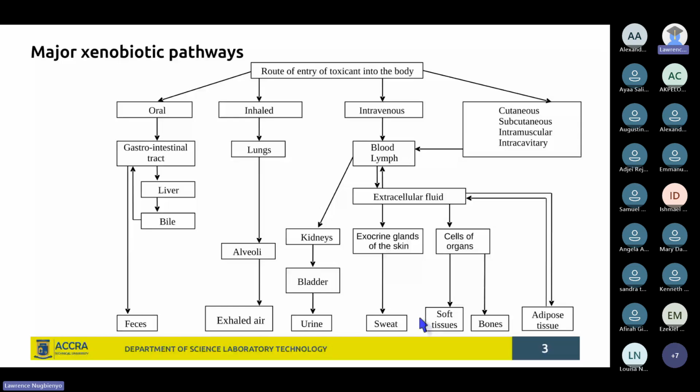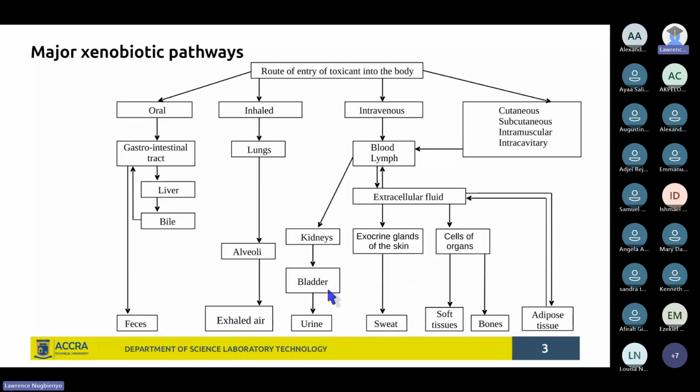But in all of this, the major pathway of the excretion of most xenobiotics is through urine. That is why you see a lot of chemical analytical methods that test for substances in biological samples.